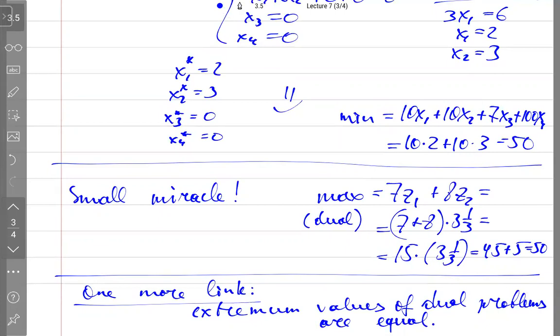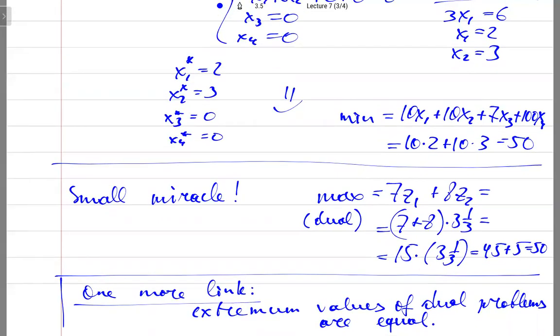So one more link between dual problems. Let us provide intuition to this link, because it's not too hard. Let's interpret these two problems and understand why it's more or less obvious that we have a link like that.